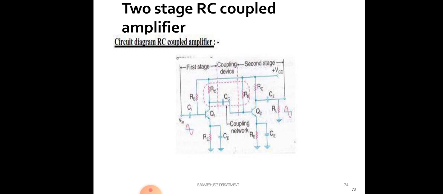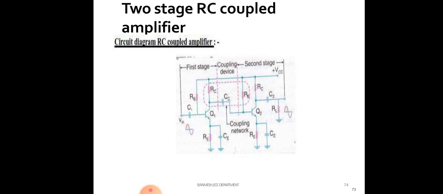In the two-stage RC coupled amplifier, your gain increases, but bandwidth decreases. When you increase the number of amplifier stages, gain increases but bandwidth decreases. That is called the gain bandwidth product.